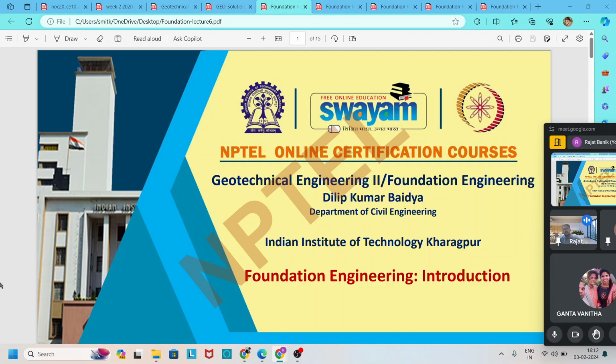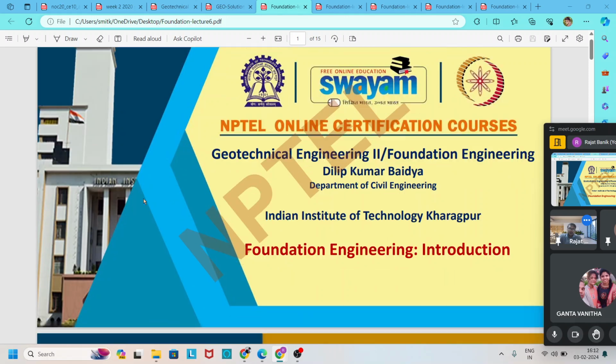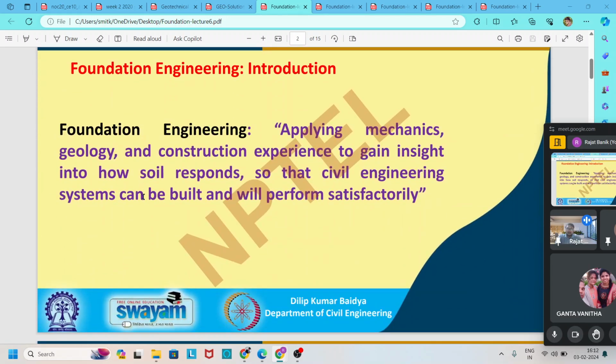So in week 2, lecture 6, we first go with one quotation: foundation engineering is applying mechanics, geology, and construction experience to gain insight into how soil responds so that a civil engineering system can be built and will perform satisfactorily.